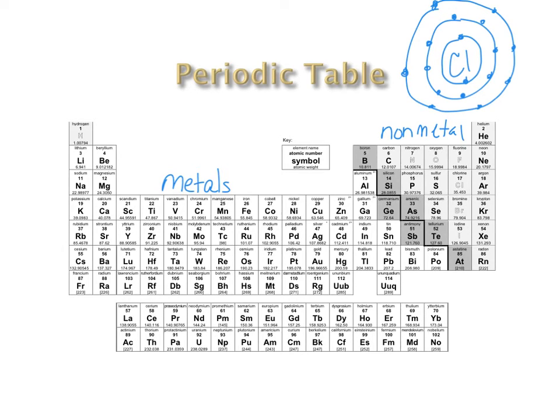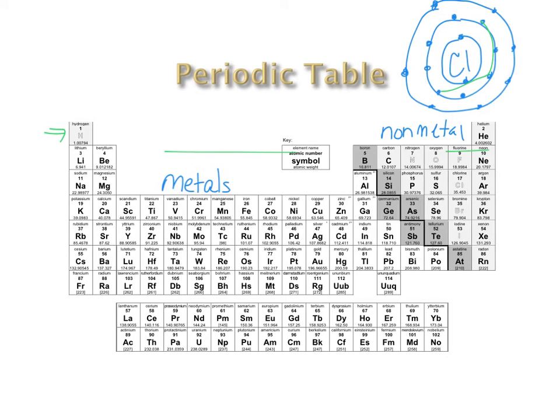So you may remember drawing these where we had chlorine in the middle, and then you draw one circle for 2 electrons. That takes care of this top row here. And then you do another row that has 8, so that would be dealing with this row right here.